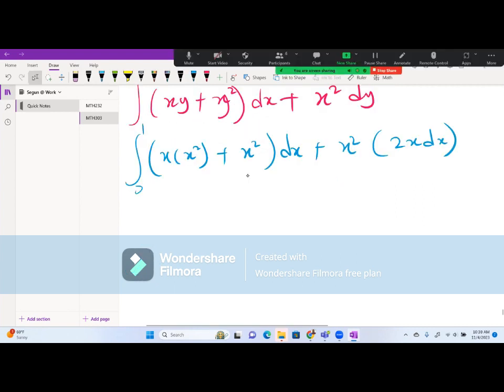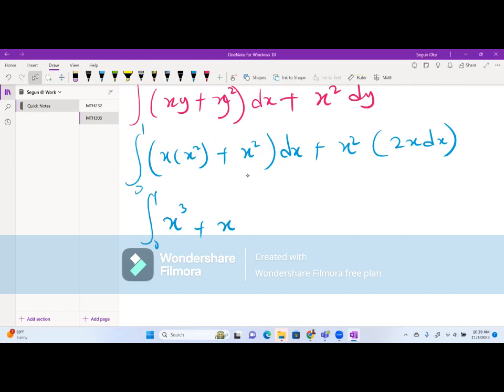So here we have the integral 0 to 1 of x raised to power 3 plus, sorry, this is y squared, will be x raised to power 4, dx plus x squared, or plus x cubed, 2x cubed dx.